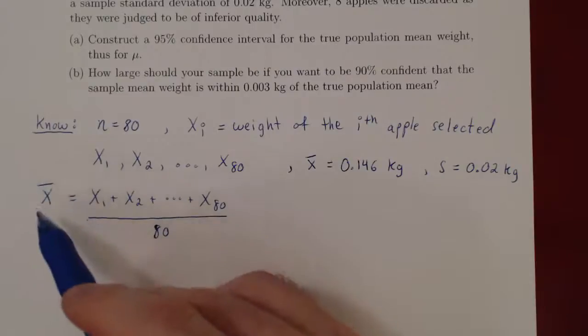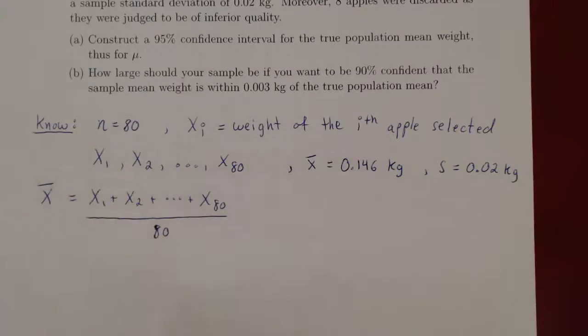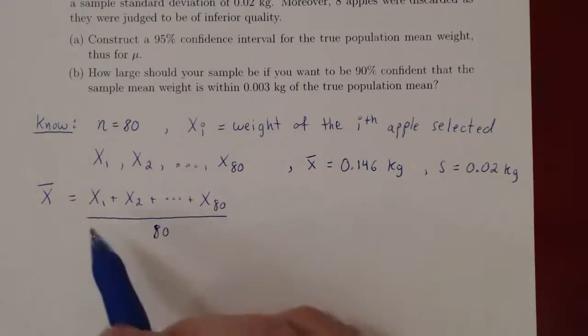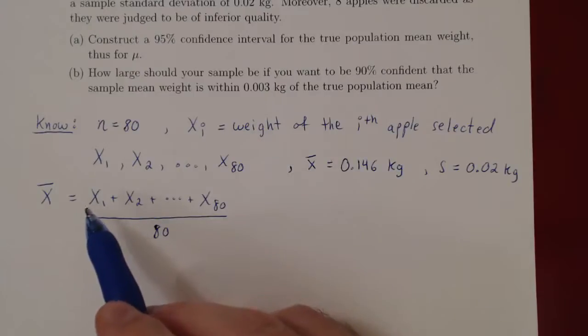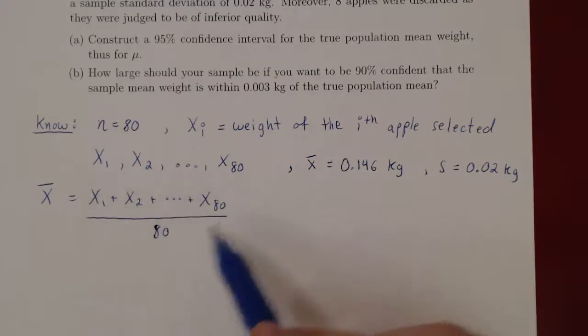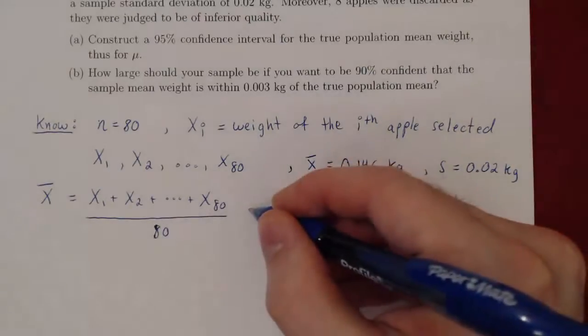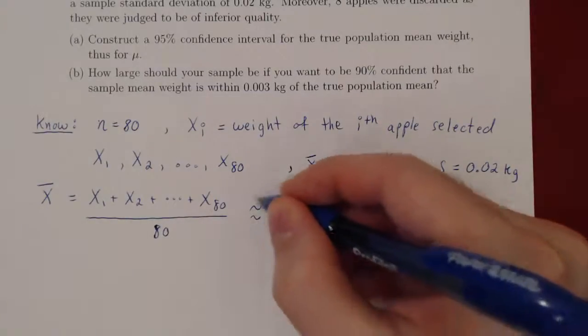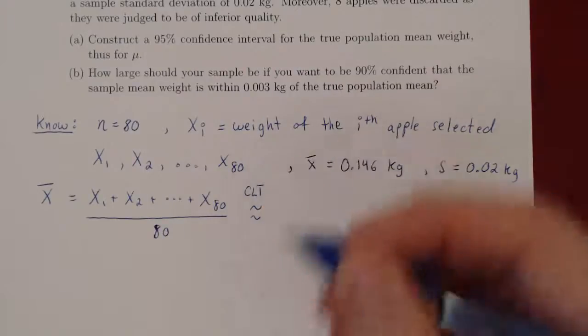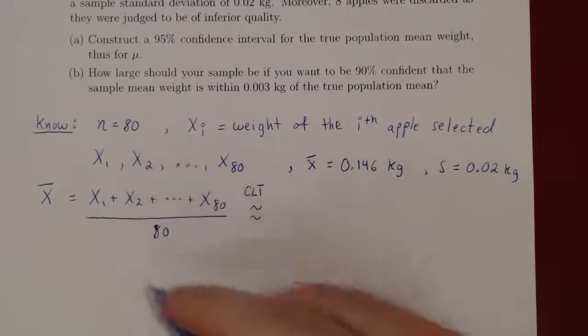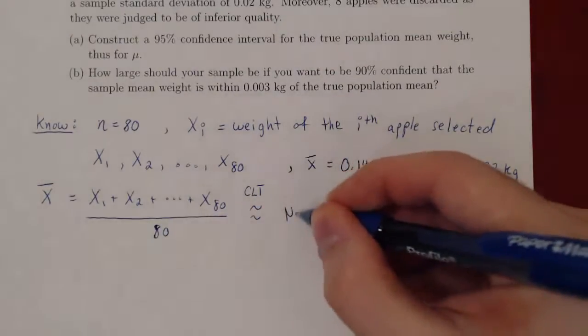So we need to have a distribution for our random variable. Well, we can now use here the central limit theorem. We have an average of more than 30 random variables. So by the central limit theorem, the average weight will be approximately normal.